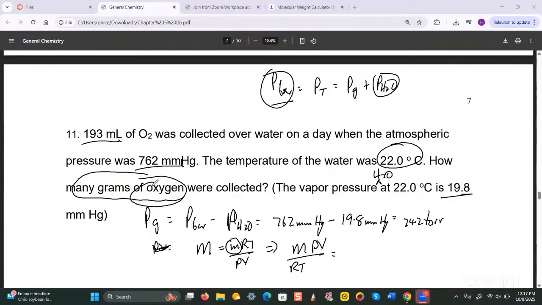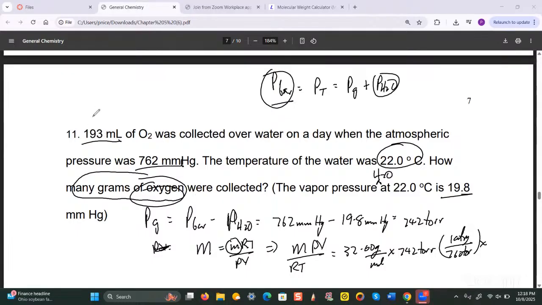The molar mass of oxygen is going to be 32.00 grams per mole, times the pressure. Now, what's the pressure? We just calculated it here, 742 torr, but we have to convert that to atmospheres. 1 atmosphere over 760 torr, that's what we multiply by, and then we multiply by the volume.